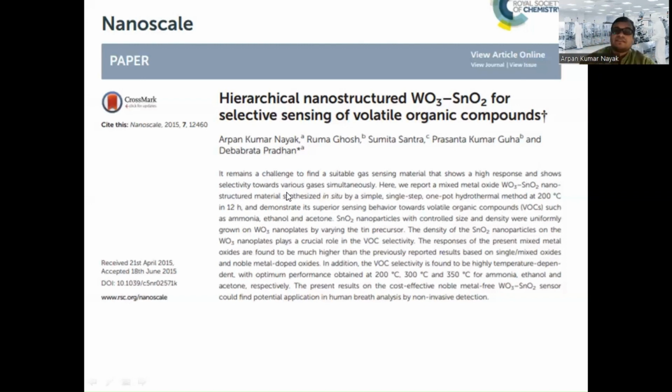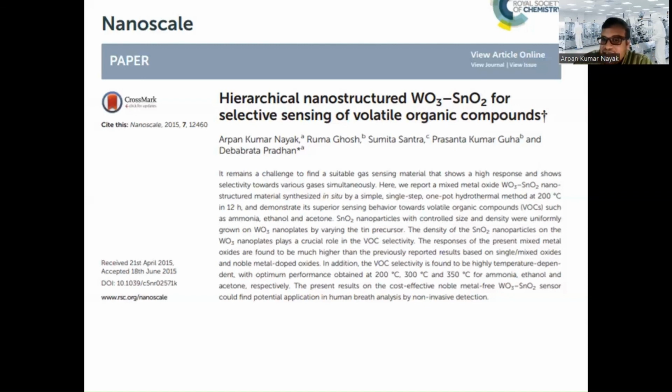So now let's read that. The first thing I told, remind the context, means what exactly is needed now. You can see here it was mentioned: it remains a challenge to find a suitable gas sensing material. So we need a material, it is very difficult to find this. So there is a challenge. We need a suitable material for gas sensing application.